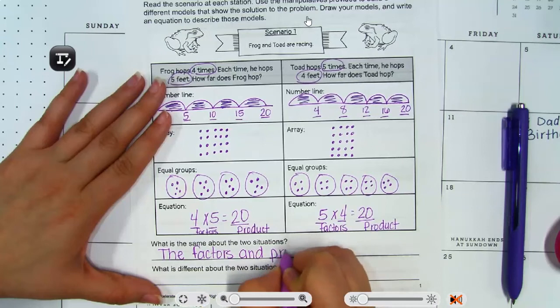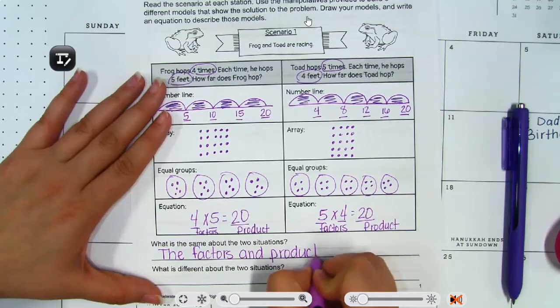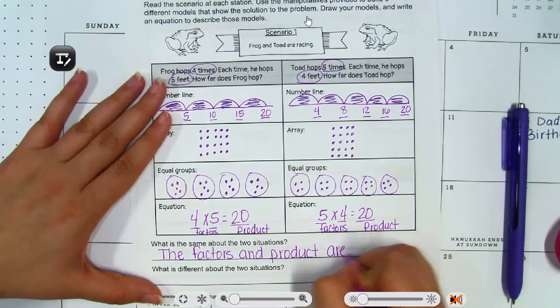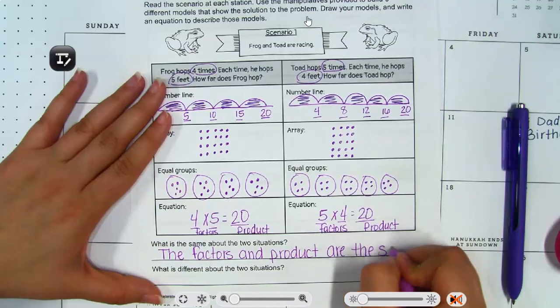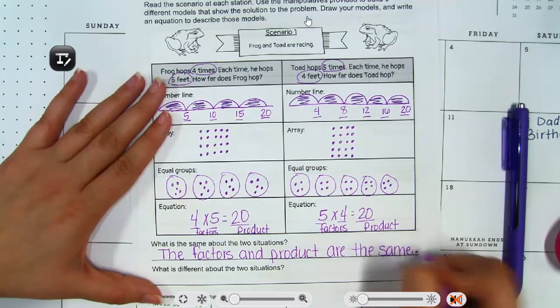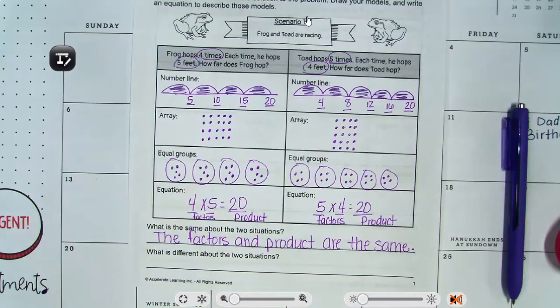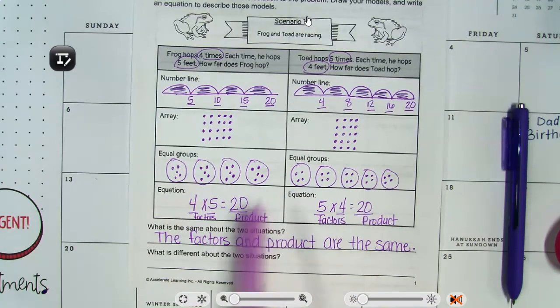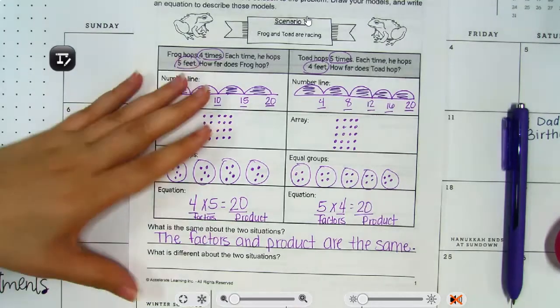Now I want you to think about what is different about both of them. Look at the models. How are they different? If you said that the models look different from each other, you're right.